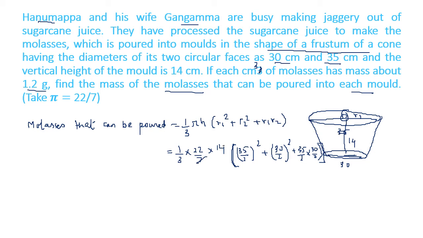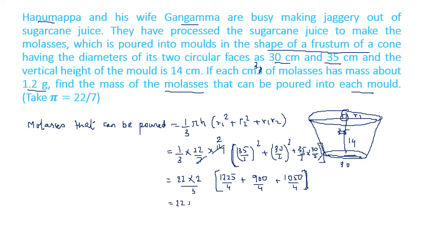So 7 ones are 7, 7 twos are 14. So we have got 22 into 2 upon 3. 35 the whole square will be 1225 upon 4, 30 the whole square will be 900 upon 4, plus 35 into 30 will be 1050 upon 4.